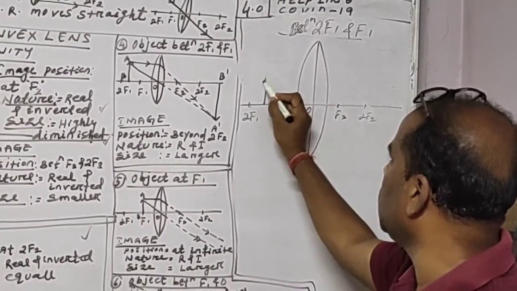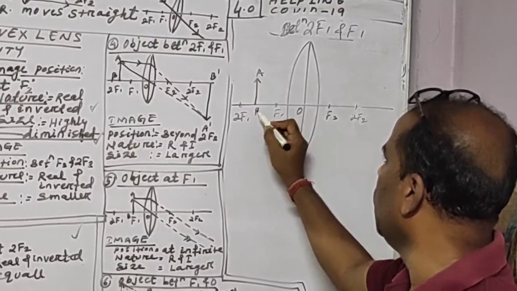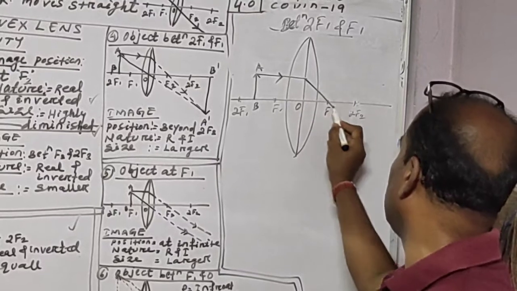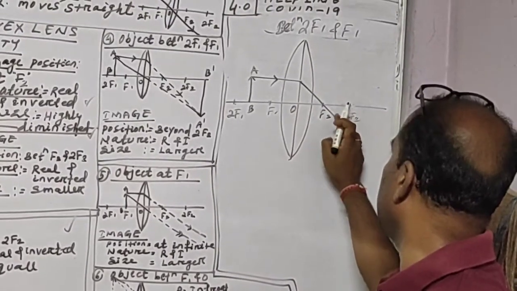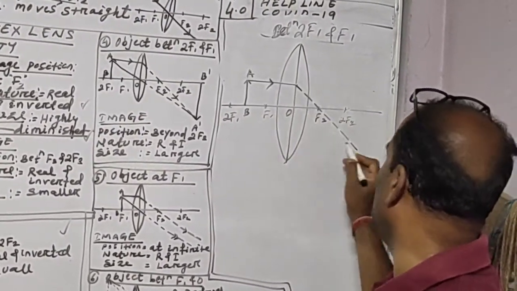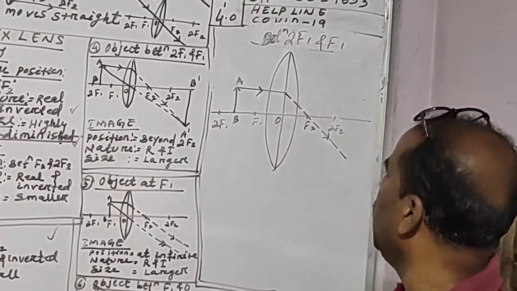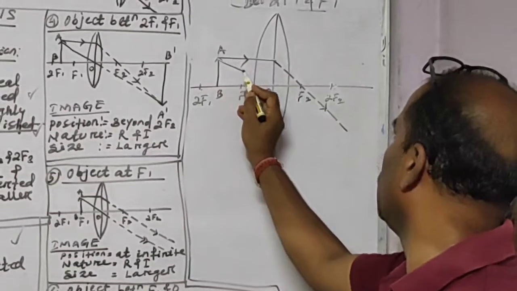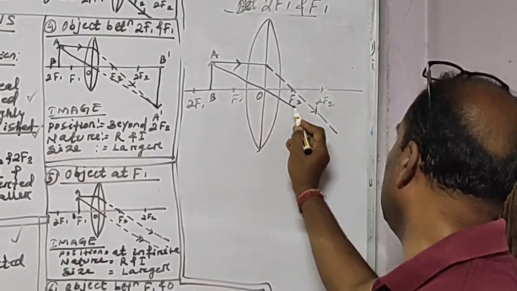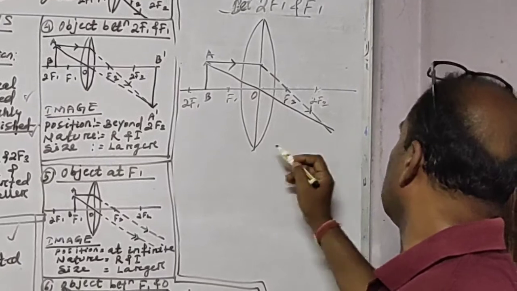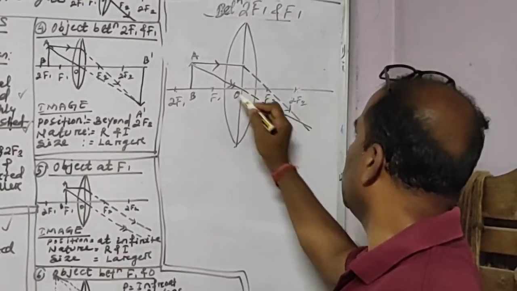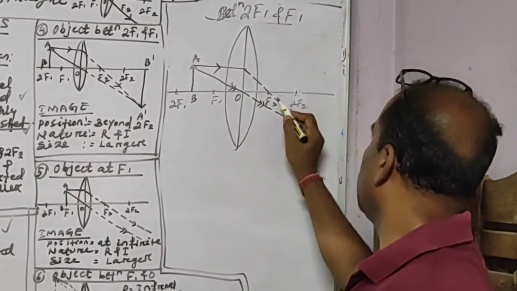I have placed it here. Name is AB. First, the parallel ray will pass through the f2. This is the refracted ray. By dot marking I have shown you. And now another will be through the optical center. So we will draw the line through the optical center. Now this is the refracted ray, second arrow mark. This is the second one. This is the first one.